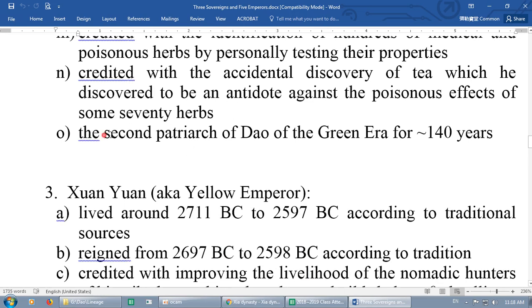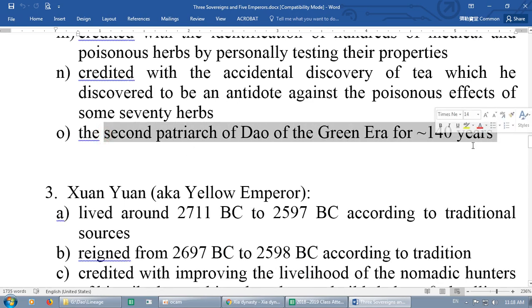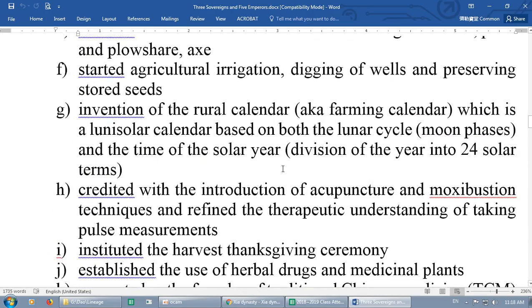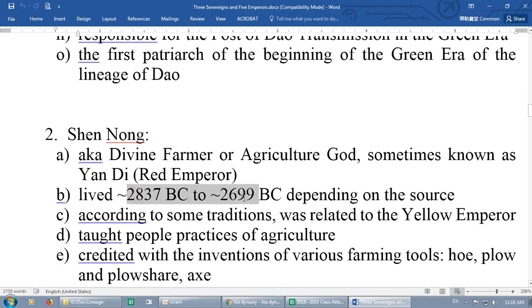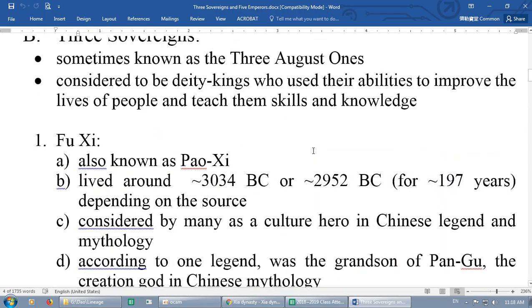Then he was also the second patriarch of Tao. He lived for around 140 years. He obviously got the Tao from Fuxi because their times overlap, roughly this period and this period.